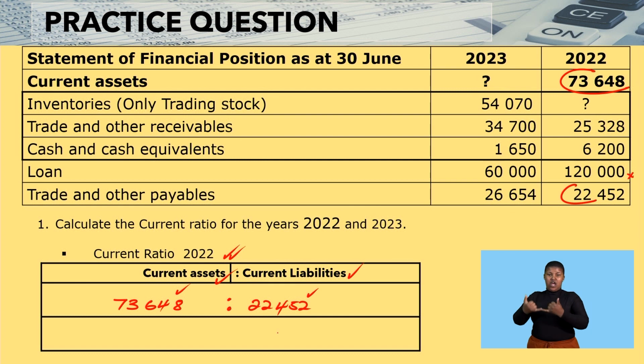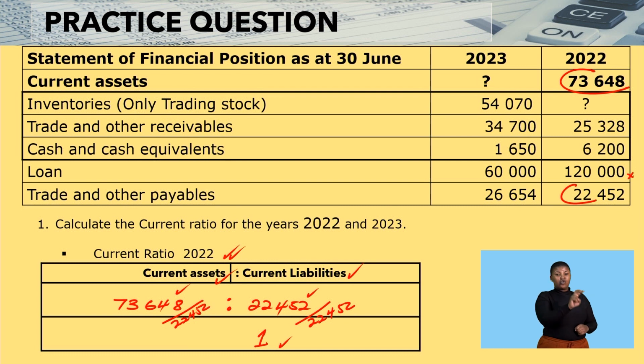Then my answer has to be as to 1. That means I must divide everything by 22,452. Hence, 22,452 divided by 22,452, I get 1. Then I say 73,648 divided by 22,452. Punch that on your calculator and tell me how much we get.